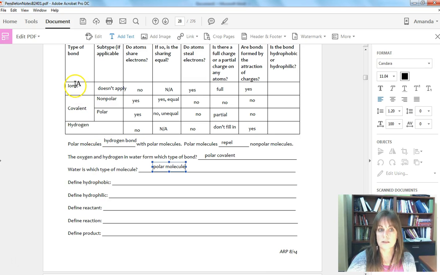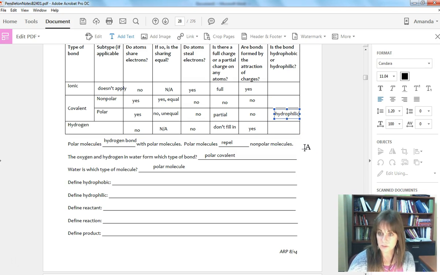Now let's look at each one of these types of bonds and come back and fill in this part. Polar, we said that it's water, so substitute water into this sentence if you need to. Polar is water. We know polar is going to hydrogen bond. It's attracted to water, so this one right here is hydrophilic.